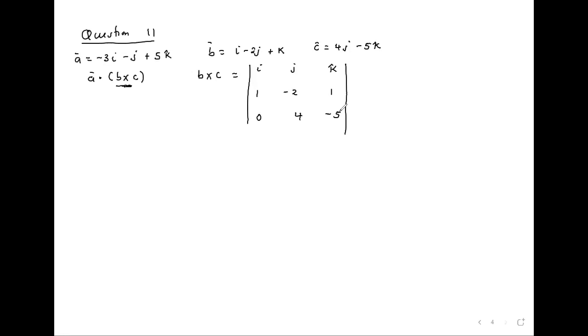Because there's no i there, we put 0 for i. Then this is i times (10 minus 4), minus j times (negative 5 minus 0), plus k times (4 minus 0). So we get 6i plus 5j plus 4k.